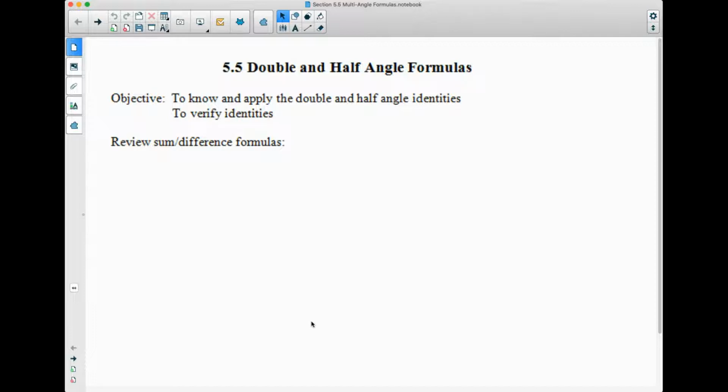When we were doing sum and difference formulas, if we wanted to know cosine of 15 degrees, we used 45 minus 30. What if I'm telling you to evaluate sine at 22.5 degrees? Sine theta over 2. What would theta be? 45. Okay? So these are those angles that are not on our unit circle that we cannot use our left hand to find, that these formulas will help us do.